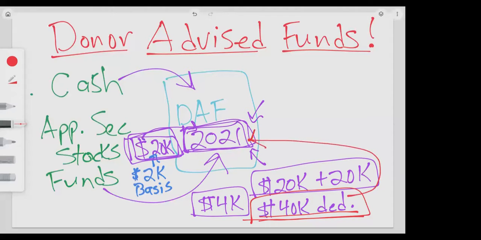You see the power of this. Once the money is in there, you get the deduction. You get it in the year that you make the contribution. So that spread between the standard deduction of 24,800 and this $40,000 here at the bottom, that delta is the tax benefit.